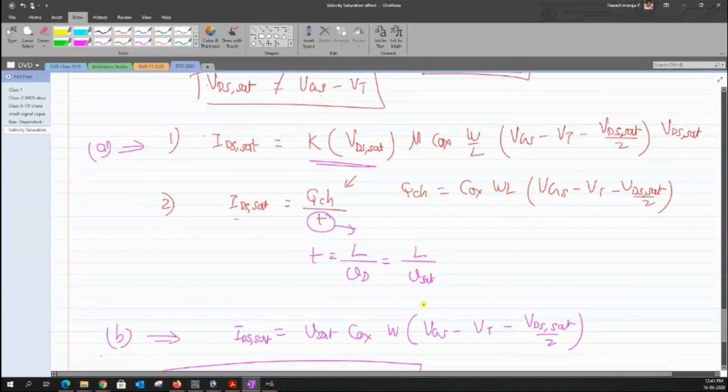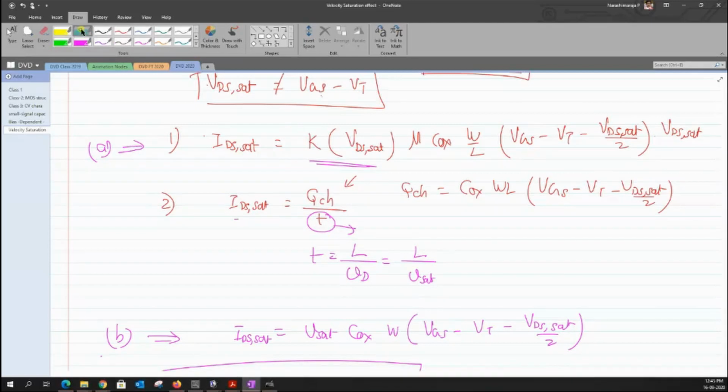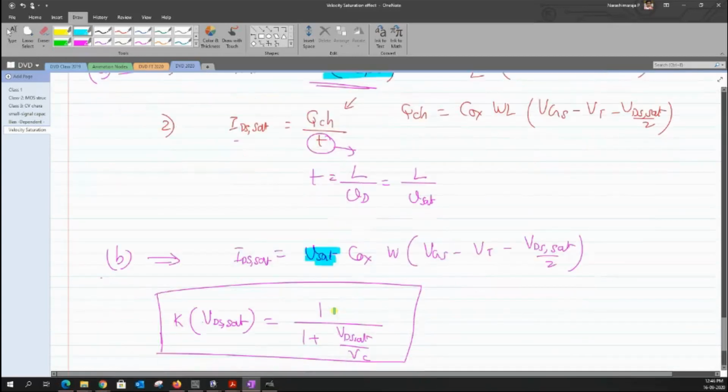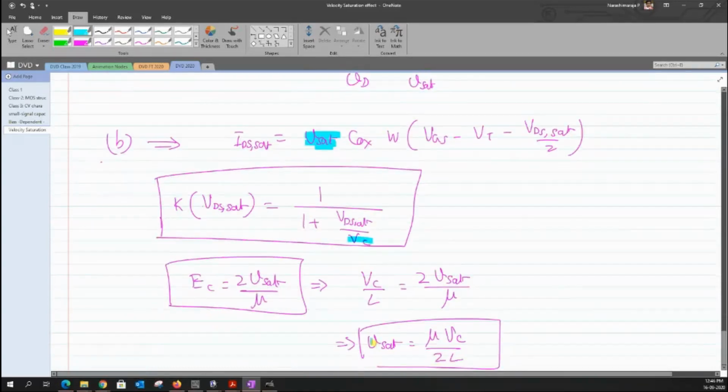Once you have both these expressions, you could see that there are a few terms. There is a kappa of VDS term, and there is also the VSAT term, or the velocity saturation term. For both these expressions, I want to rewrite them in terms of VC. Those expressions for kappa of VDS sat in terms of VC and VSAT in terms of VC are written here.